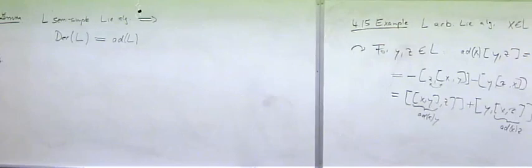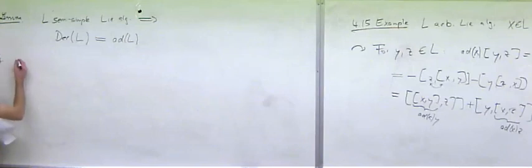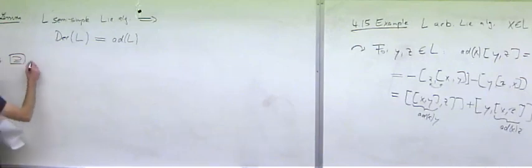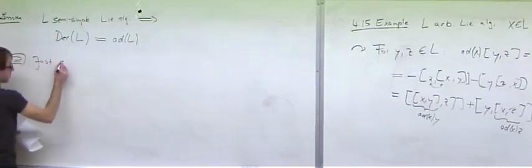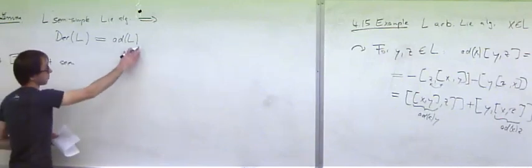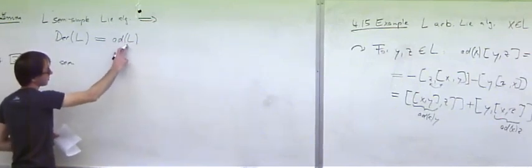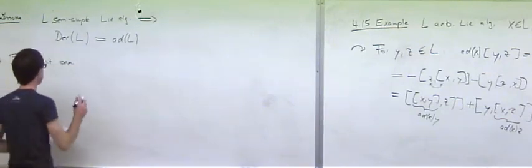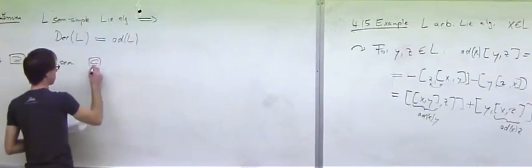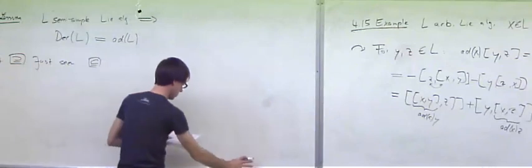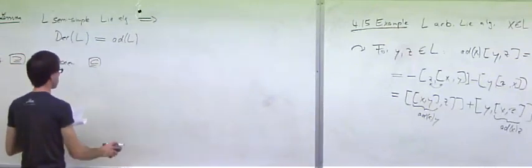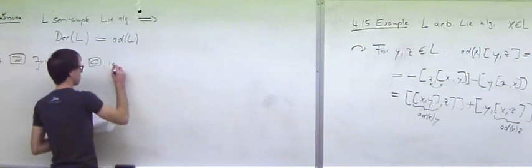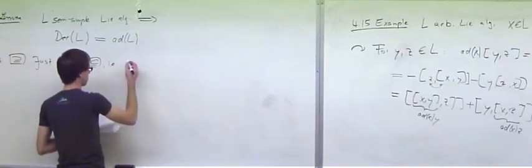So why is this so? This inclusion we have just seen, right? Whenever we have an element of the form ad x, then this will be a derivation. So this was our example. So let's put it as follows.